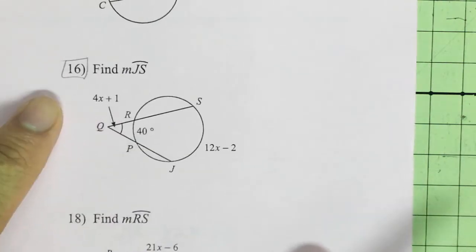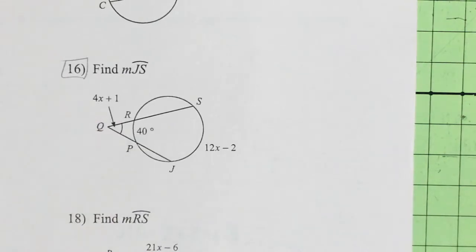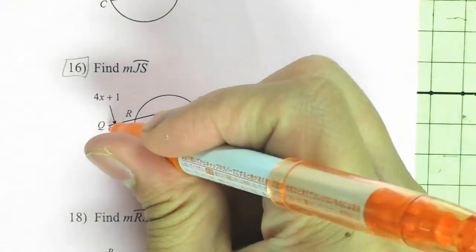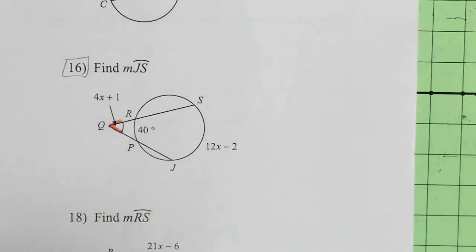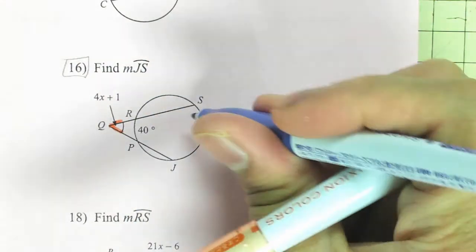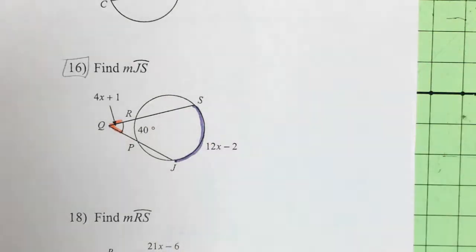Last one I'll do is over here, 16. Just get some more practice. Alright, again, we still have our formula. That has to do with angle, near arc, and far arc.